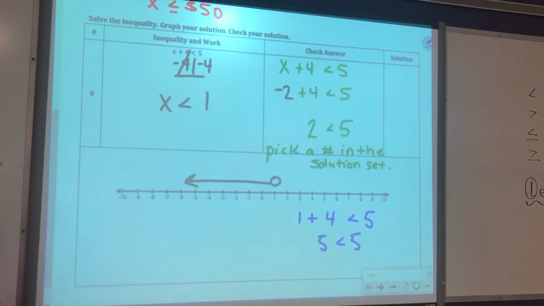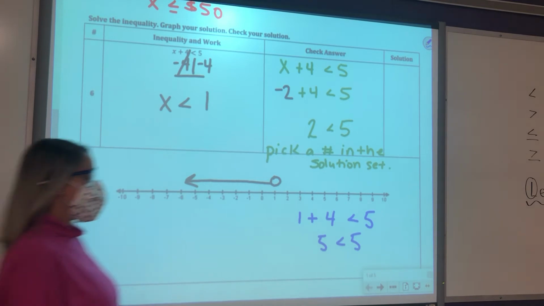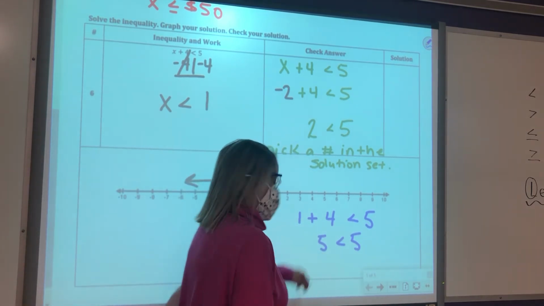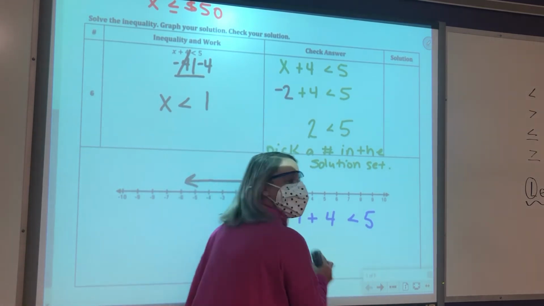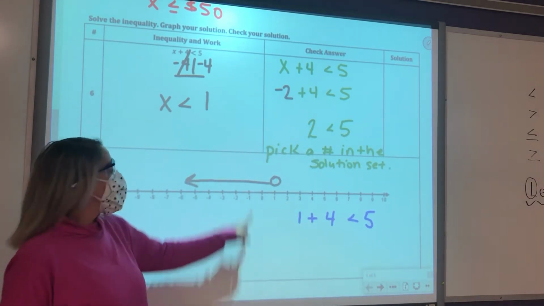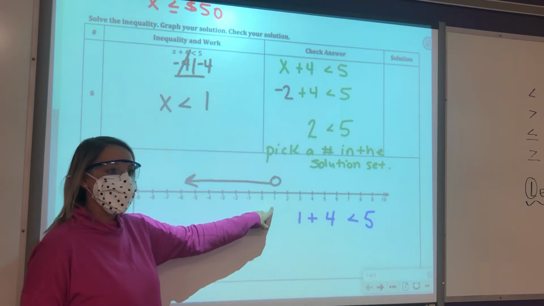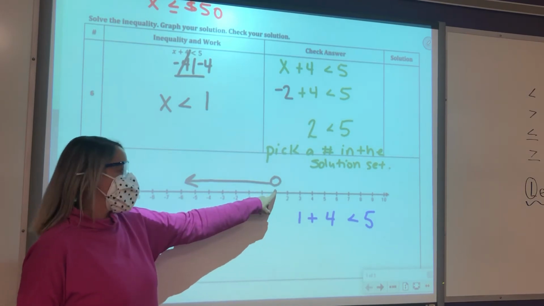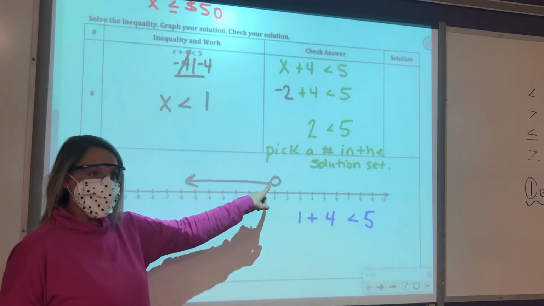Is that true? No. Is 5 less than 5? Nope. So I can't use 1. Can you not use 1 just for this problem? Yeah, just for this particular problem, because we have an open circle at 1. So if you have a closed circle, absolutely we could use it.